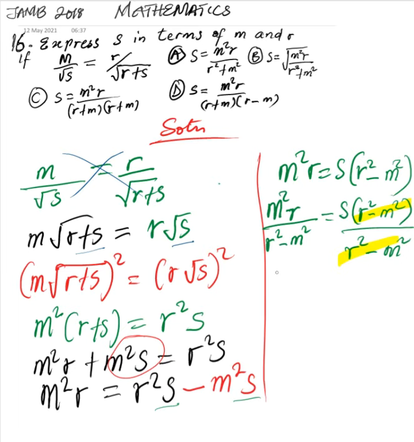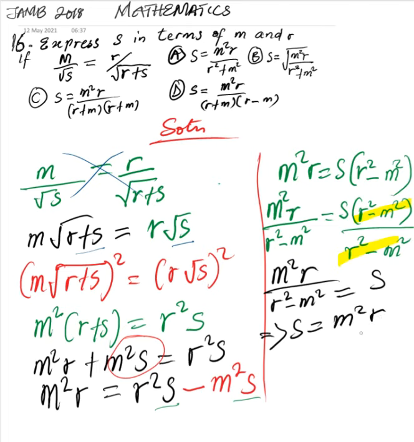So we have M squared R over R squared minus M squared to be equal to S. That is to say, S is equal to M squared R over R squared minus M squared.